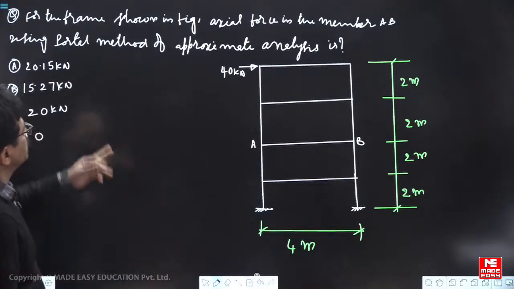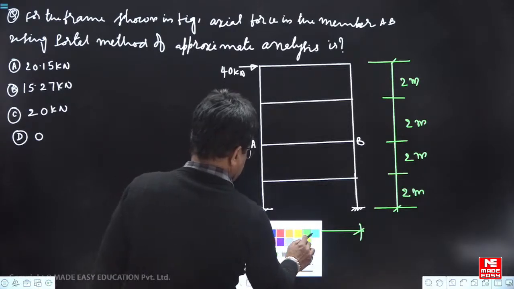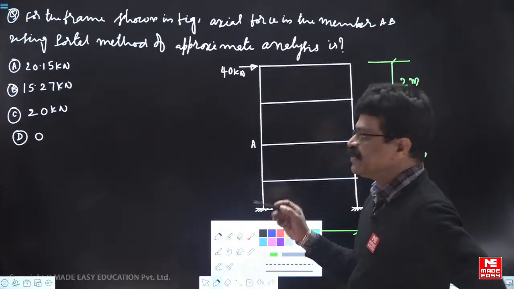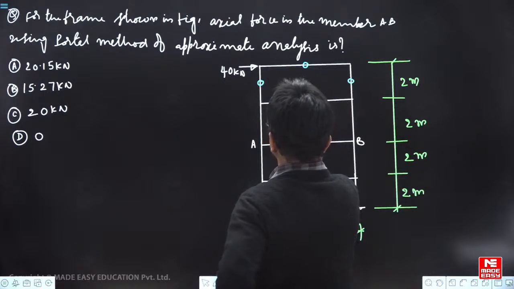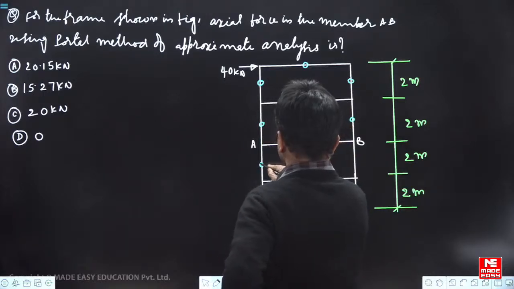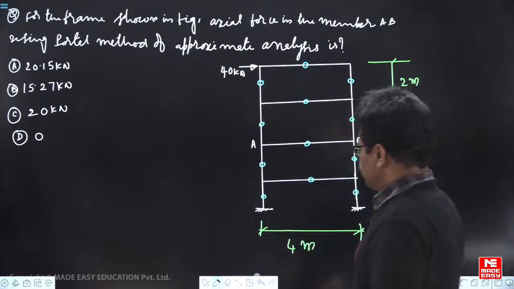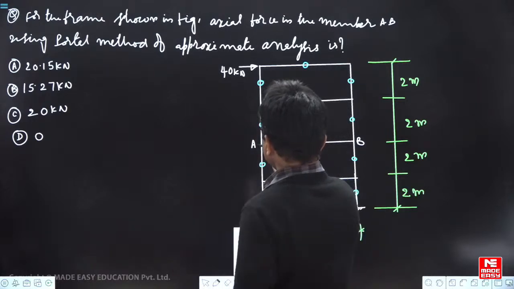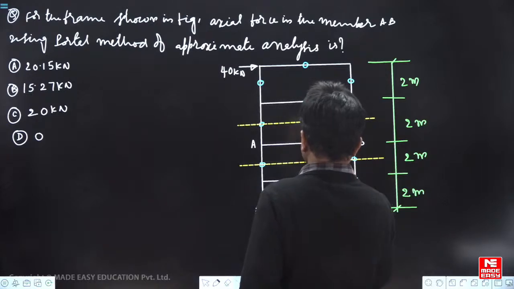To find that, using portal method of analysis, what are the assumptions? POC is assumed to be located at midpoint of each beam and column, here, here, here. This is your first assumption, right? Now, if I take free body diagram at this level, above A, like this, below A you take another free body diagram.